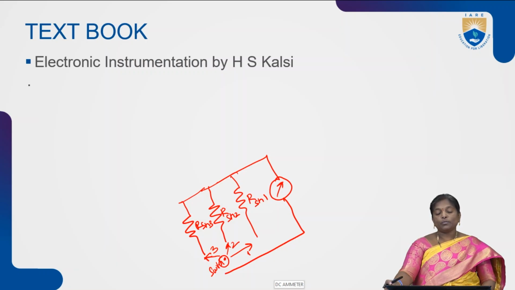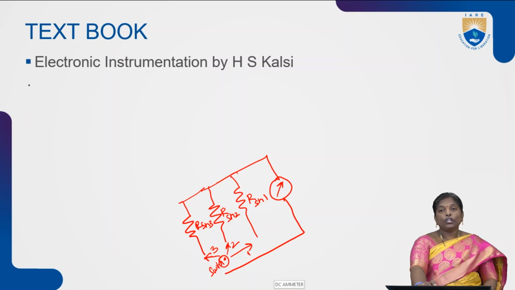Why we call it a make before break switch: for example, if you want to measure a minimum current, then we can connect a single resistance, that is RSH1, with the help of a switch in parallel with the meter movement.